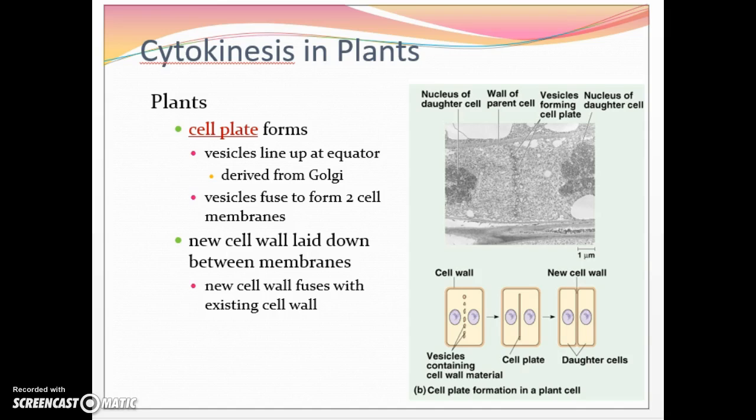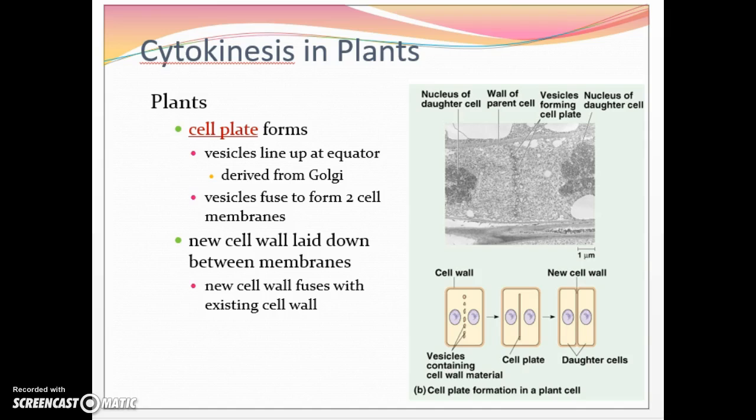So we've had anaphase just like we do in an animal cell. So we have the two sets of chromosomes separated out to the two different sides. But during telophase, what occurred were vesicles filled with cell wall materials, which came from most likely the endoplasmic reticulum, then packaged in the Golgi body.